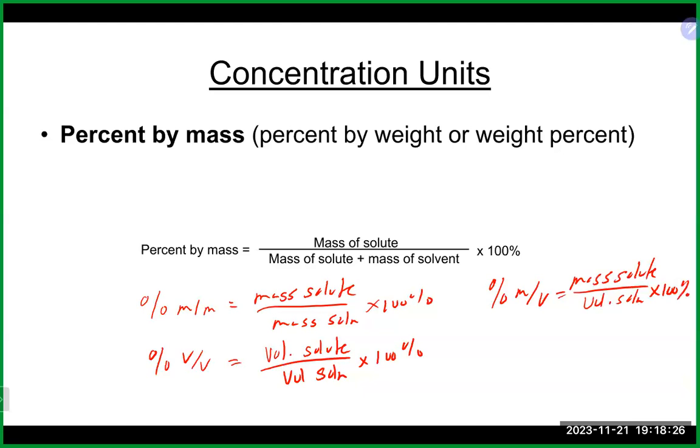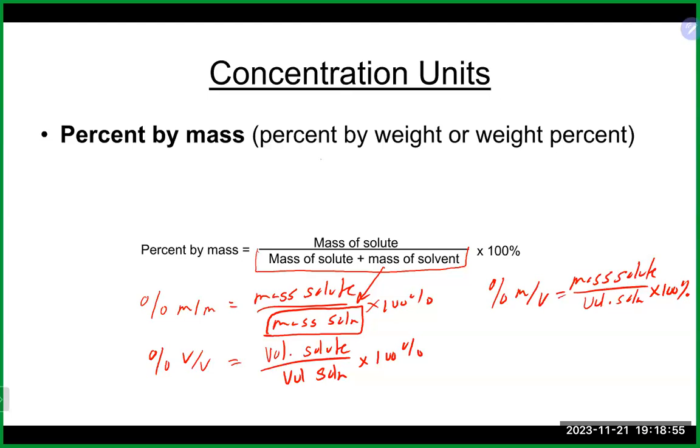We did some examples previously, and they're in this handout as well, and you could plug and chug into there. A couple of reminders. This first one really is the most important one. When you get the mass of the solution, make sure it is both the solute and the solvent together. The other ones you don't usually have to worry too much about, as usually the volume is given to you as both the solute and the solvent.